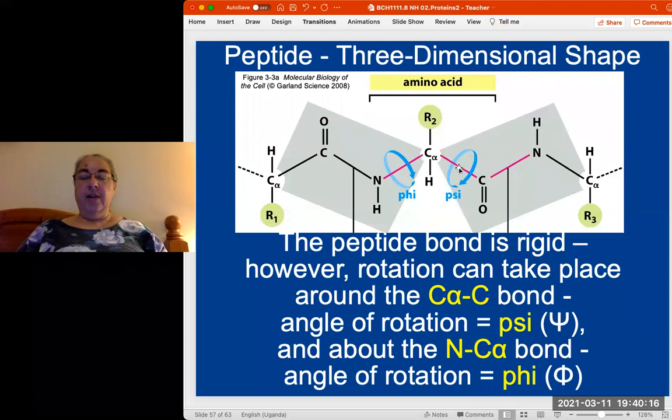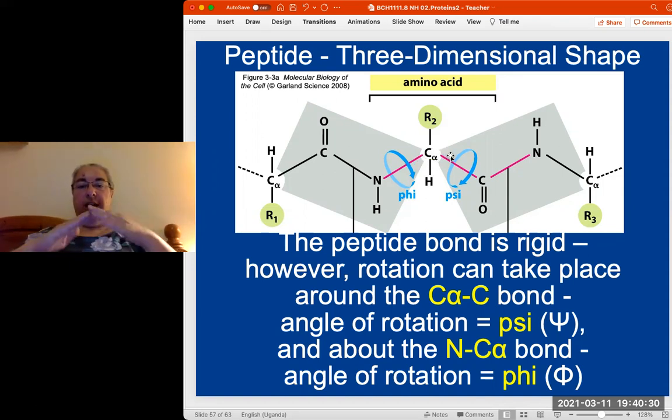And the angle that each of these can rotate at is called the psi rotation and the phi rotation. So each alpha carbon allows the bonds on either side of it to turn in relation to each other. And this is what allows a polypeptide chain to fold up.